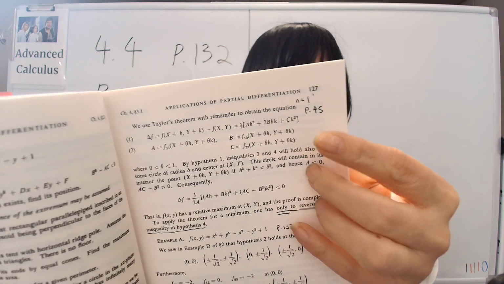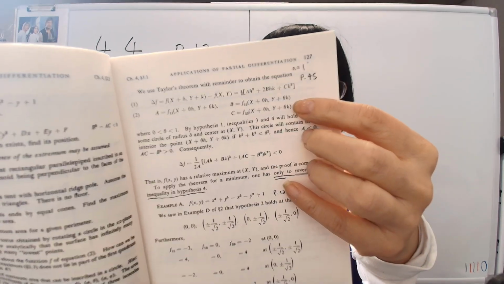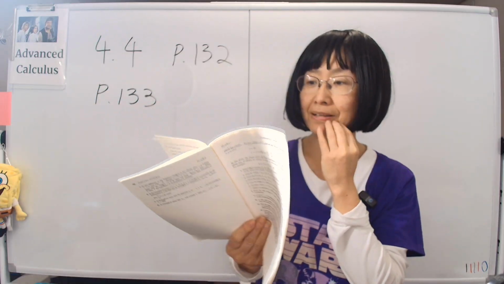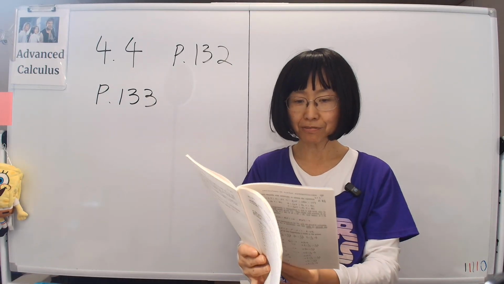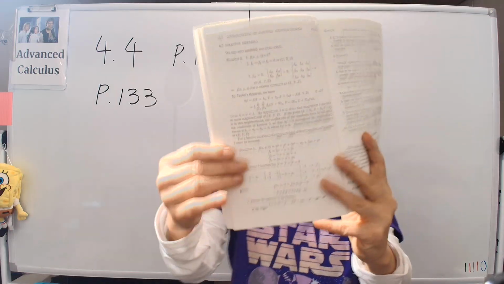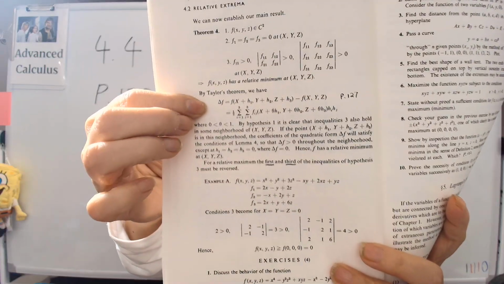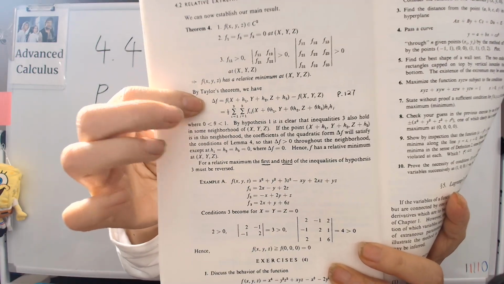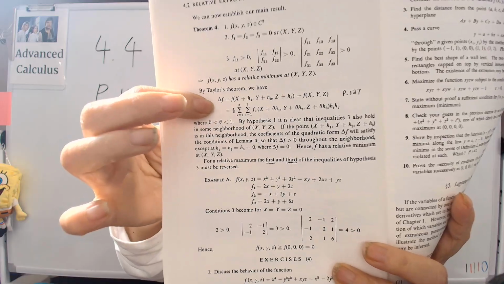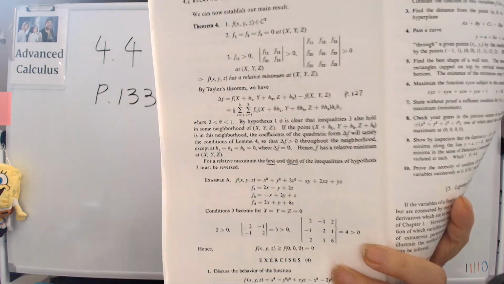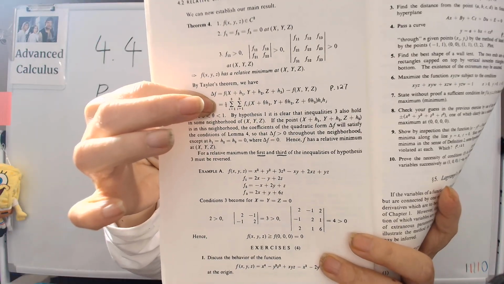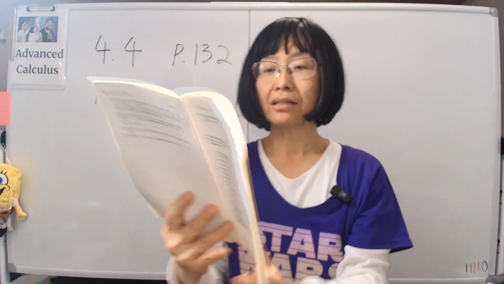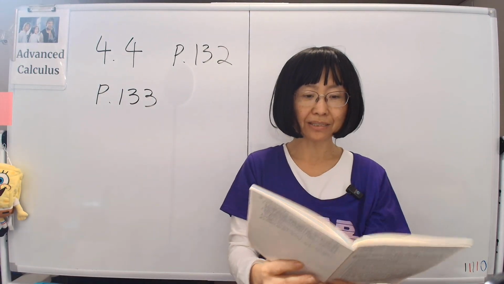On page 127 that was 2 variables. Now we go up to 3 variables, so we end up having something like this, but the idea is the same. I'm not going to write this out. So by Taylor's theorem, we got that part.